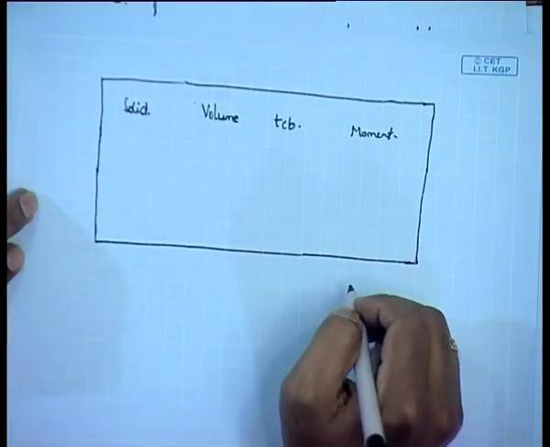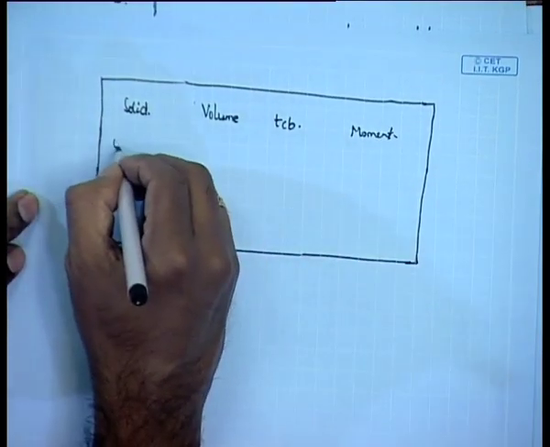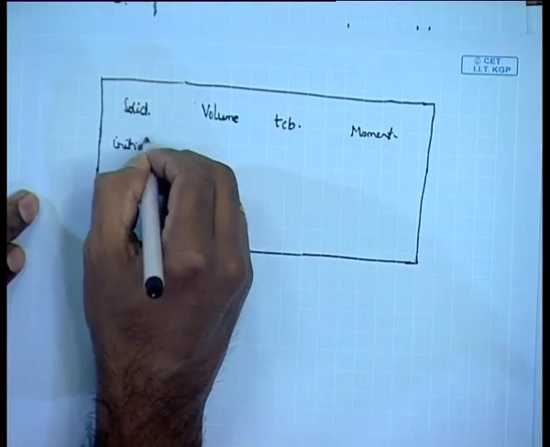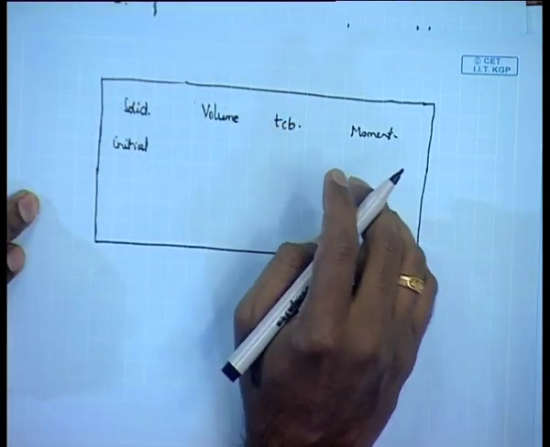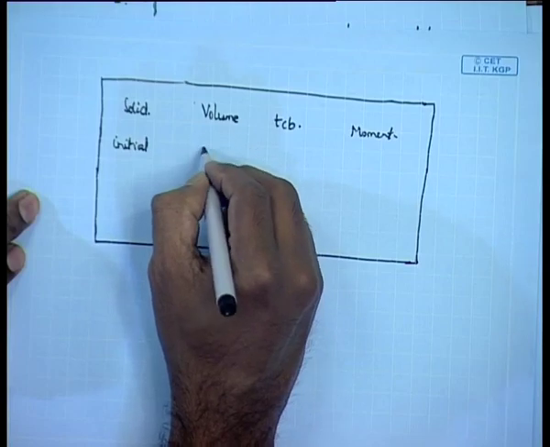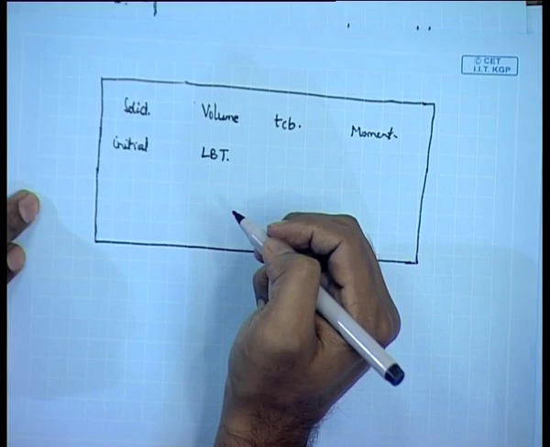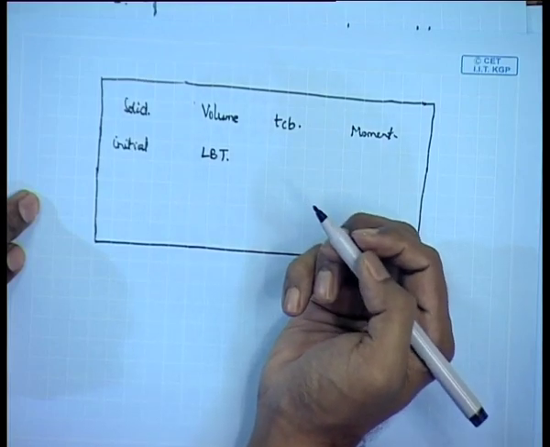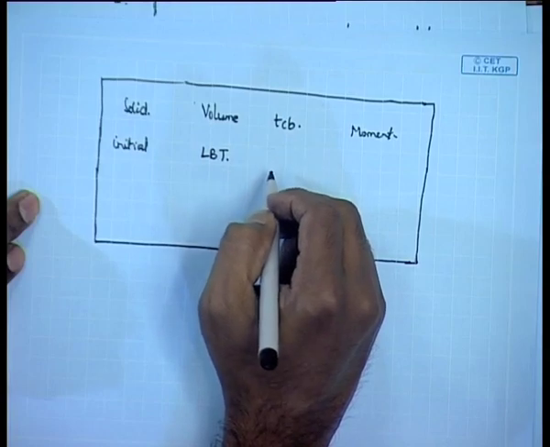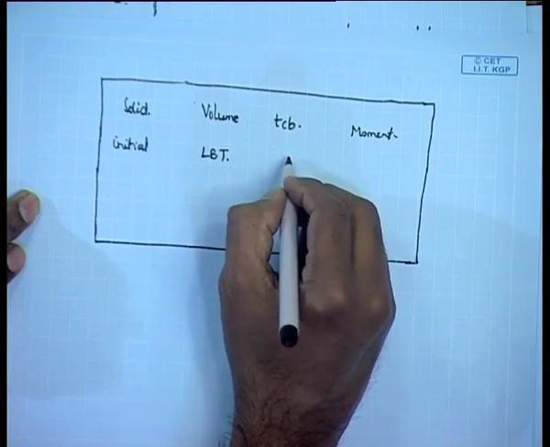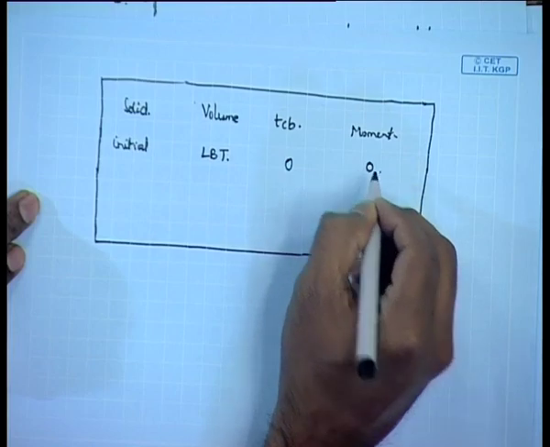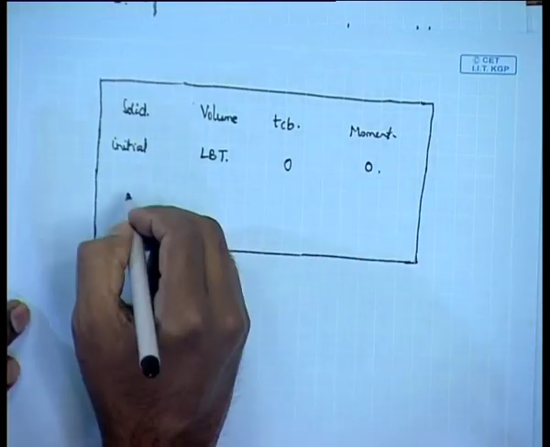So initially we are talking about the initial condition, that is without any tilting. The volume underneath the water line, which we call the displacement, is LBT because it is a rectangle. It is just length into breadth into its depth, which is T, the draft. So LBT, and the TCB is 0 here. This is considered to be the origin, so this is 0.